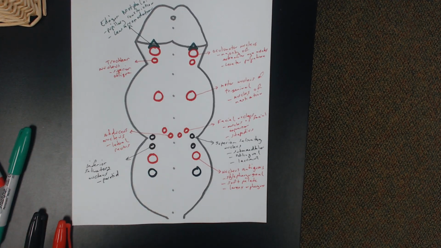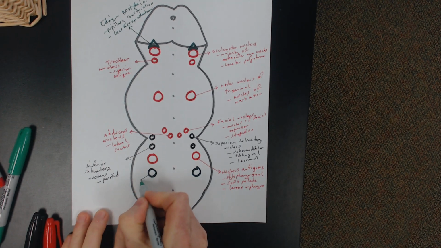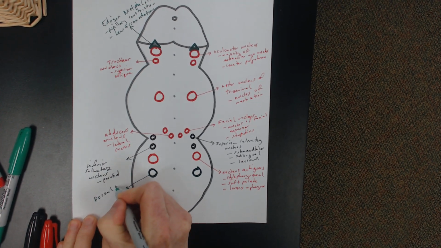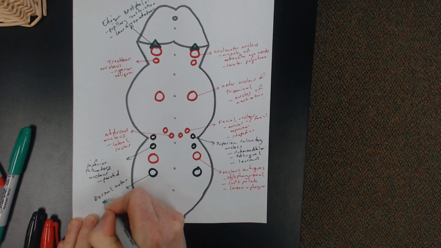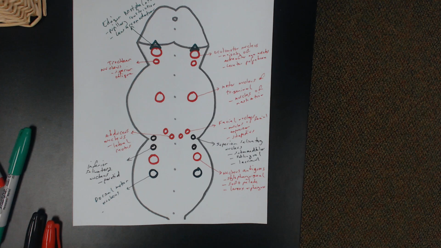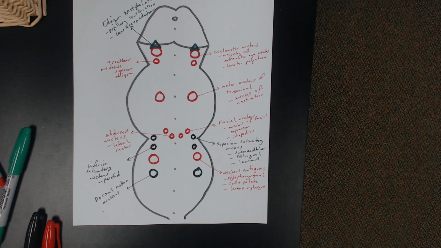I'll label that as the dorsal motor nucleus. This nucleus is responsible for helping cranial nerve number 10, the vagus nerve, carry out its parasympathetic functions.